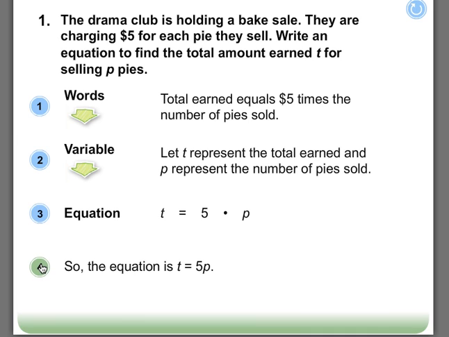So the equation is T equals 5P. Remember, we talked about how in algebra we don't always include the little dot because it's not necessary and it takes up more space than we need. It can start to get confused with a decimal. We don't use the x because that can be confused as a variable, and so we just write 5p. T equals 5p, and mathematically speaking, we want to say T equals 5 times P.